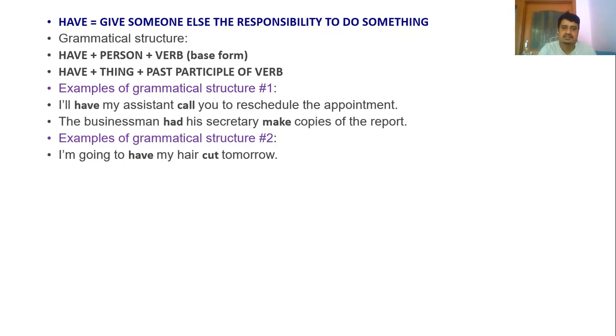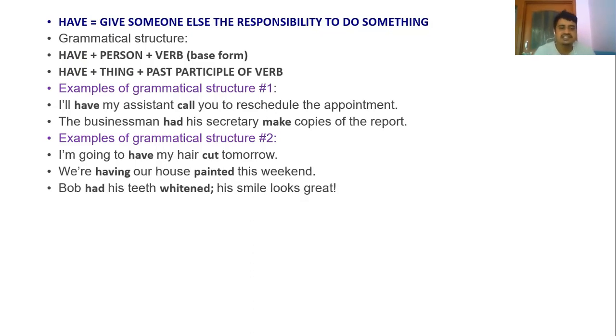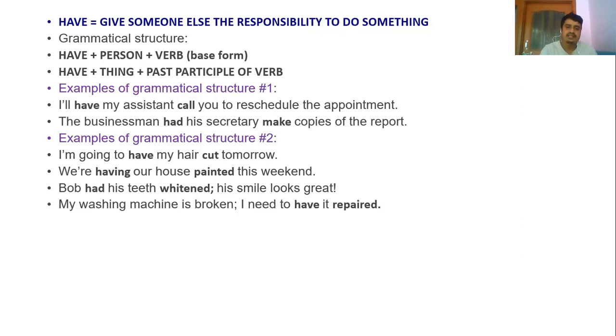We are having our house painted. Our house is the object. So we have to use the past participle of the verb paint. It is painted. Bob had his teeth whitened. His smile looks great.